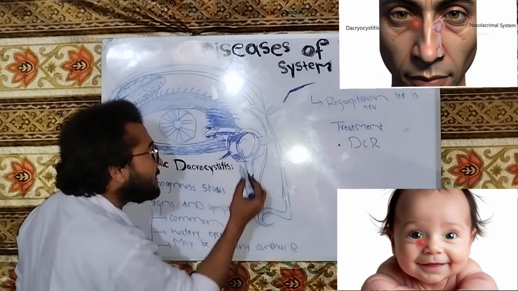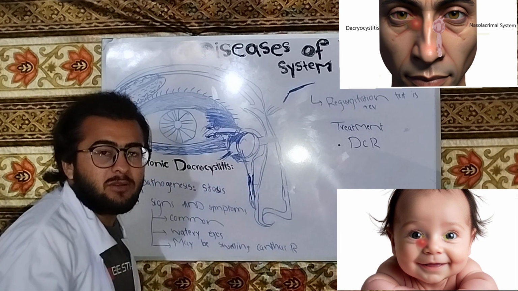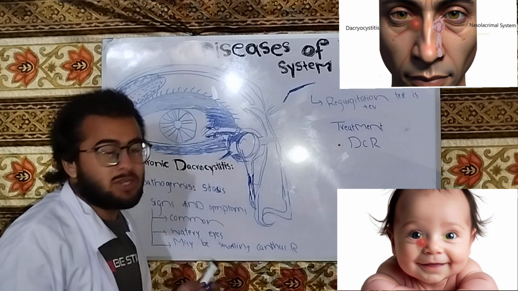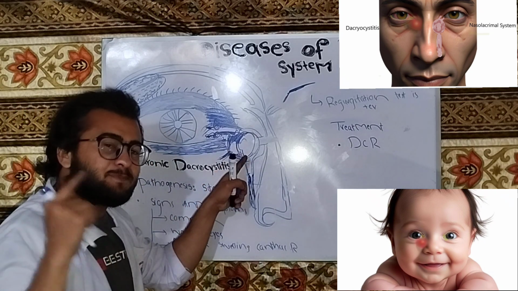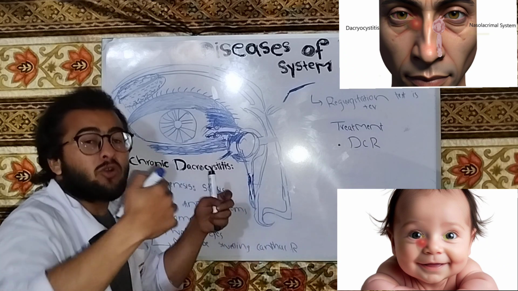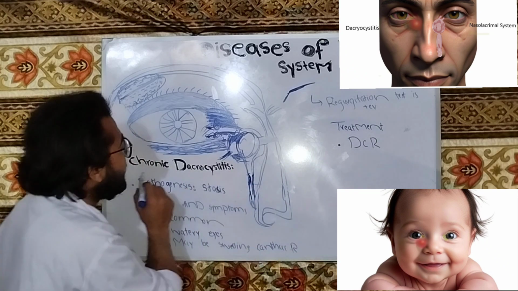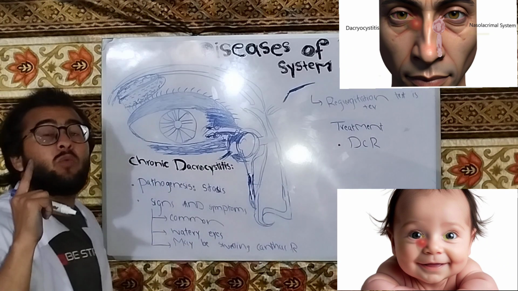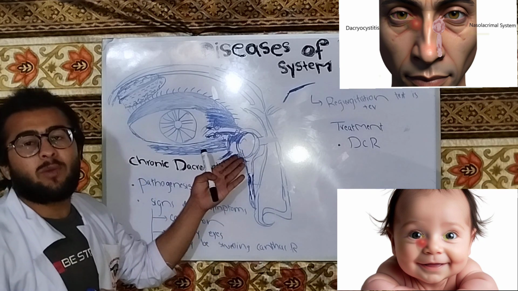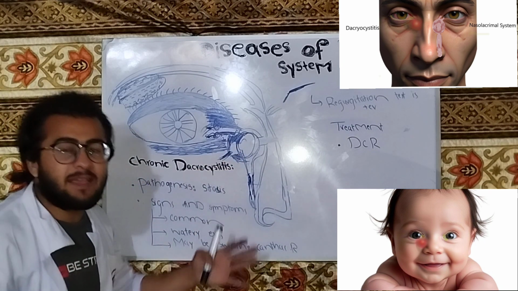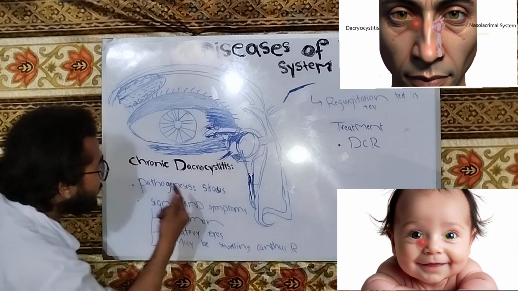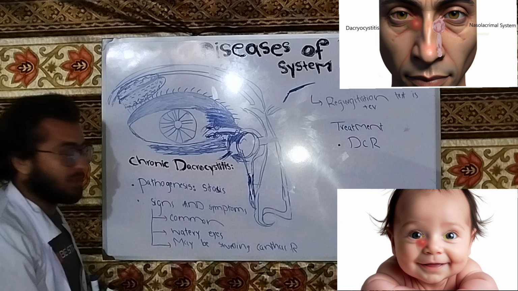When the outflow is impaired, there will be accumulation of the tear secretions. Because of the stasis, the bacteria can invade the region, colonize it, and cause dacryocystitis, which will be a chronic type. This is the pathogenesis.